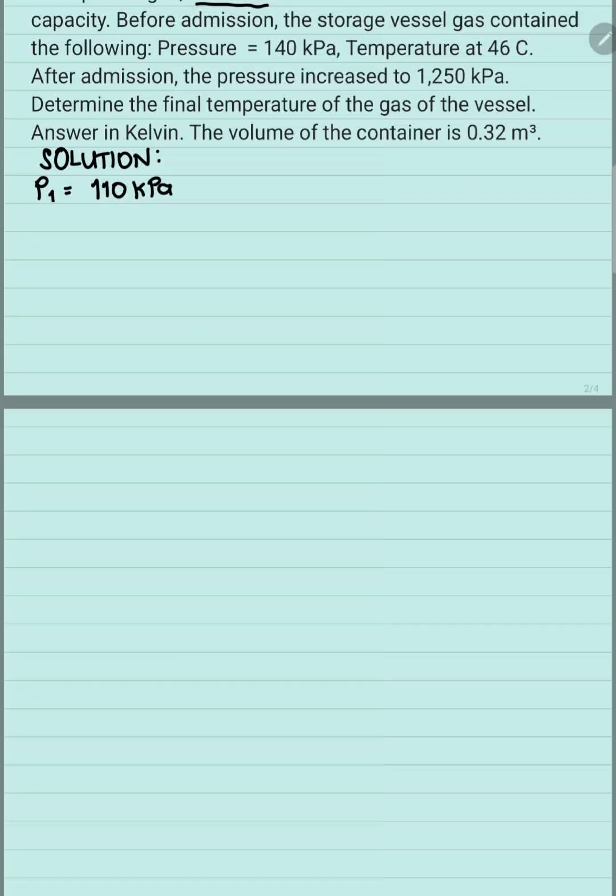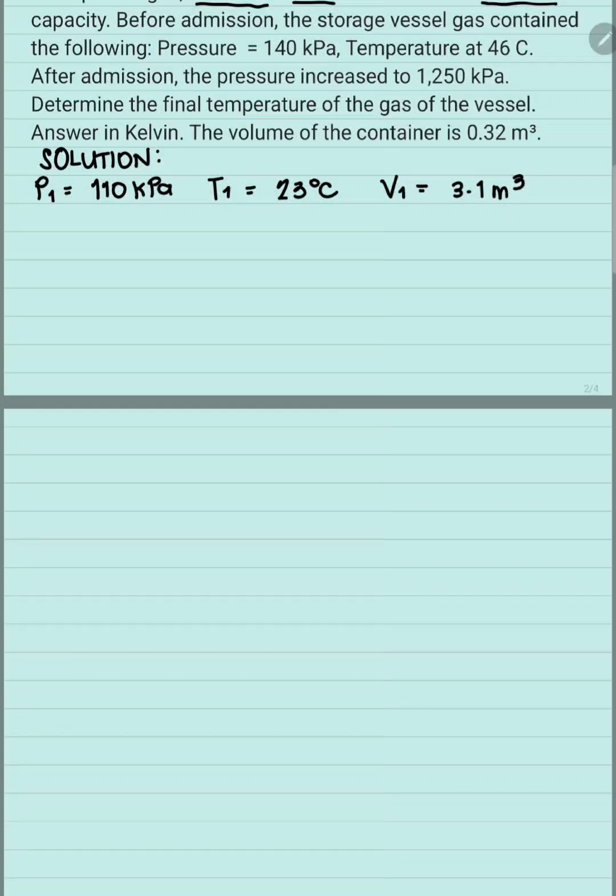This is just only the property of the gas. And 23 degrees Celsius, we have T1 is equal to 23 degrees Celsius. So it has a volume of 3.1 cubic meters. So we can label this as V1, which is 3.1 cubic meters.